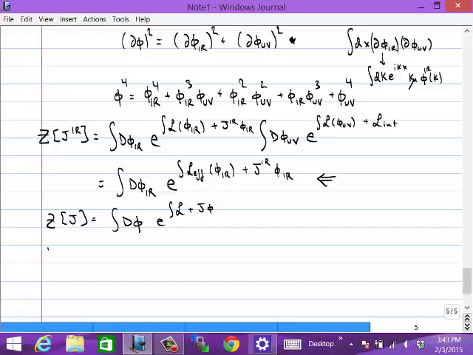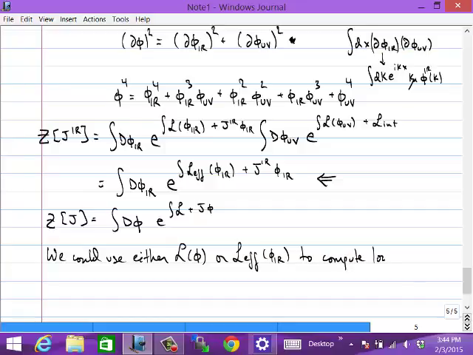And the important point is that we could use either our original theory or the low energy effective theory to compute the low energy observables, namely, to compute, say, the correlation functions of the long wavelength modes of our field. And the only difference is really a point of view, a difference of perspective.